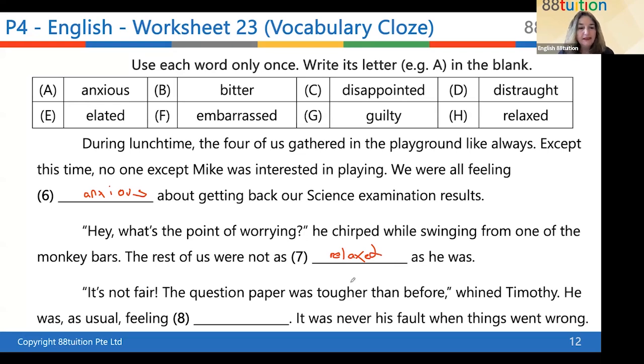Wei Hong, number 8. It's not fair. It's not fair. B, bitter. Yes. He was feeling bitter. Yes. Well done. Thank you.